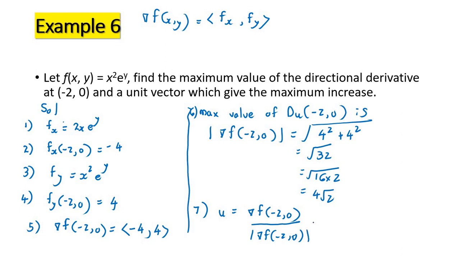So which is negative 4, the gradient vector obtained in step 4, divided by 4 root 2. So you have negative 1i plus 1j divided by root 2.